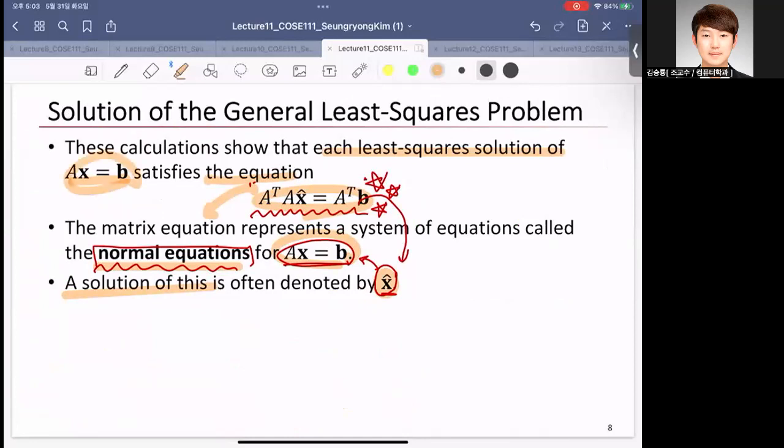In this case, this equation is called the normal equation, and the solution of this is often denoted by x hat. So the solution of the general least square problem is the solution of this normal equation.